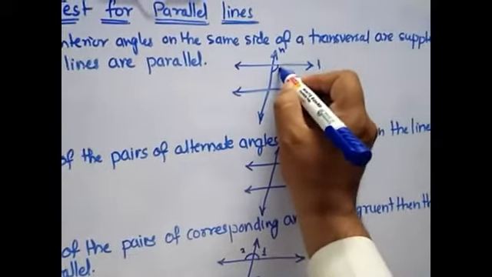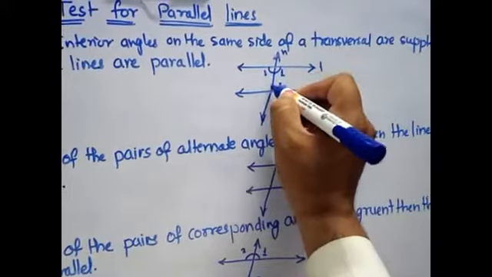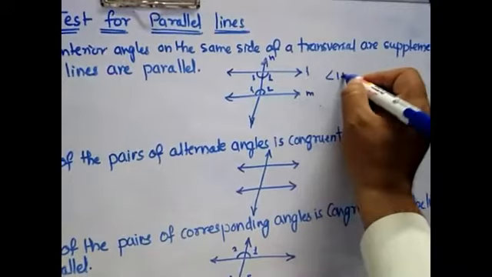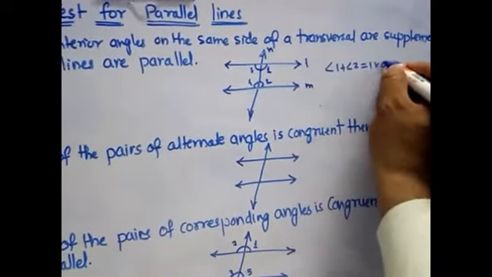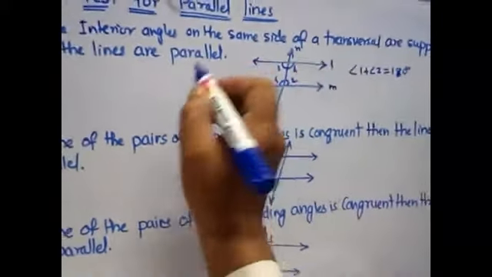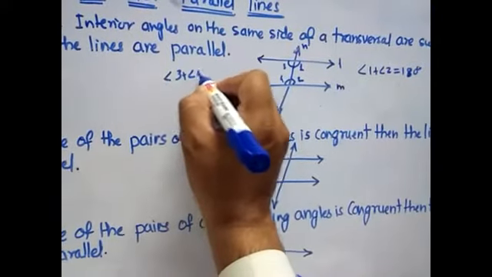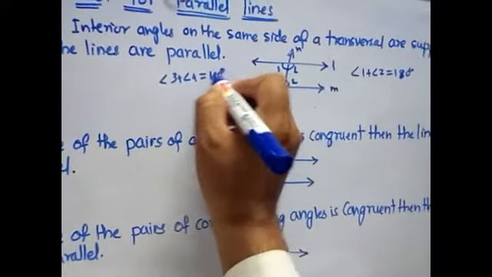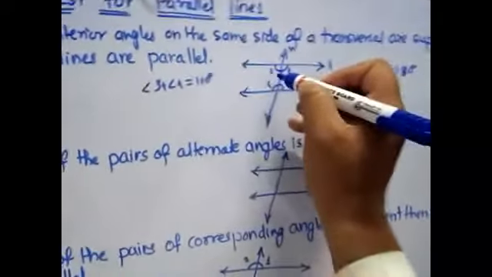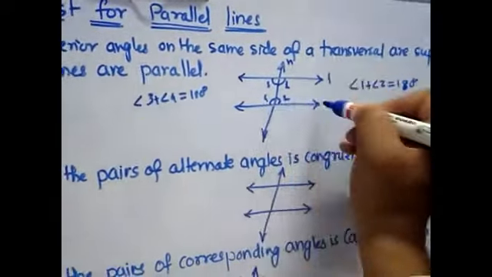Here angle 1 and angle 2 are the two interior angles, and 3 and 4 are two interior angles. Angle 1 plus angle 2 is equal to 180 degrees, so they are supplementary. Or angle 3 plus angle 4 is equal to 180 degrees. If these two interior angles on the same side are supplementary, then the two lines are parallel.